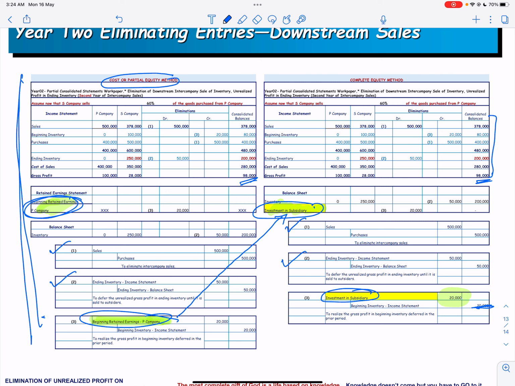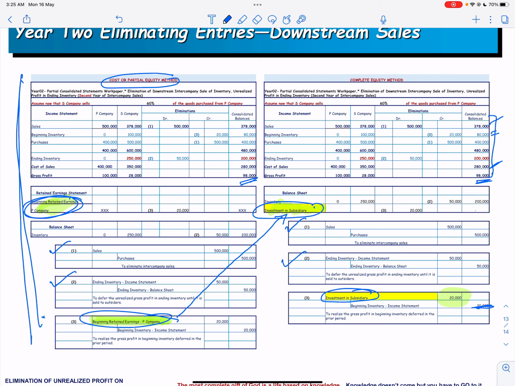Now you can see that the consolidated sales are equal to the amount of sales of the affiliated group to the third parties. Consolidated cost of sales is 280,000 and this equals the cost to the affiliated group of the goods sold, and this is calculated as cost of goods transferred to S company, 40% of 200,000, that is 80,000.